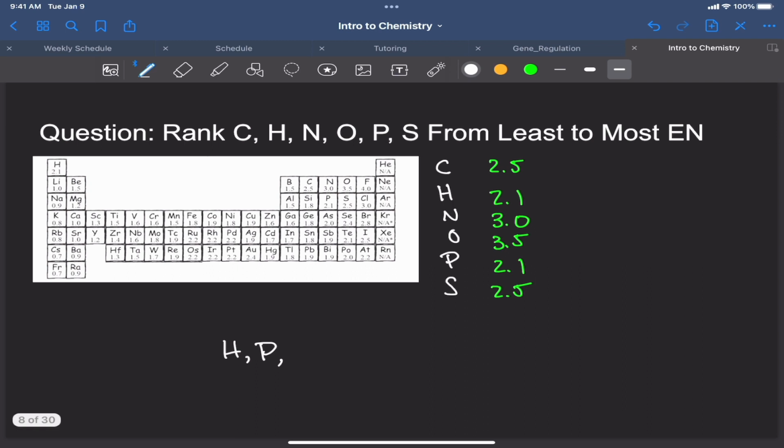Once again, it can be up for debate. Once again, carbon is the furthest left, so I'm going to say carbon and then sulfur. And then our next looks to be nitrogen. And finally, oxygen. Once again, with the ones that are equal, you could probably flip them and be totally fine.